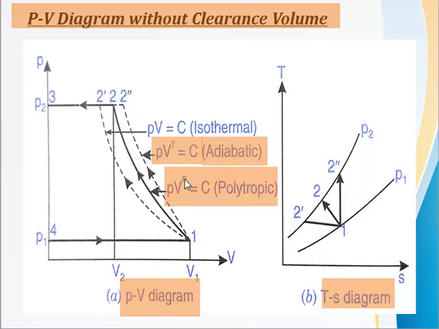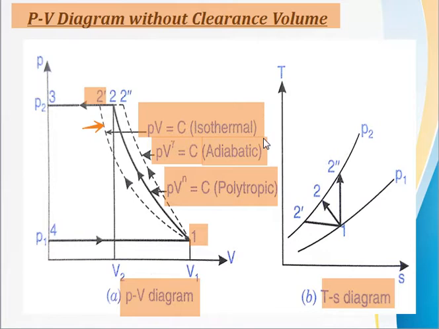Now what is the value of n? The value of n varies from 1 to 1.35 in that range, but basically it is 1.15 to 1.30 in that range. The next process is the isothermal process. Now which is that process? 1 to 2 dash. This process is the isothermal process, which is given by PV raised to 1 is equal to constant.